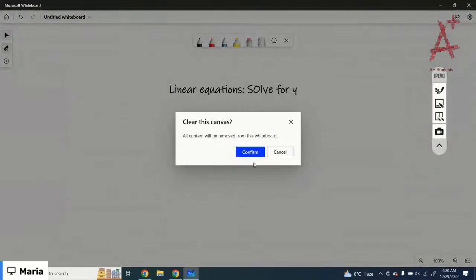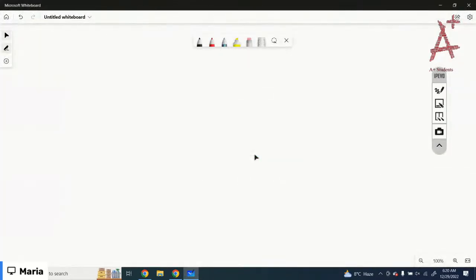The next lesson is write linear functions to solve word problems. Let me write down the lesson name. Write linear functions to solve word problems.